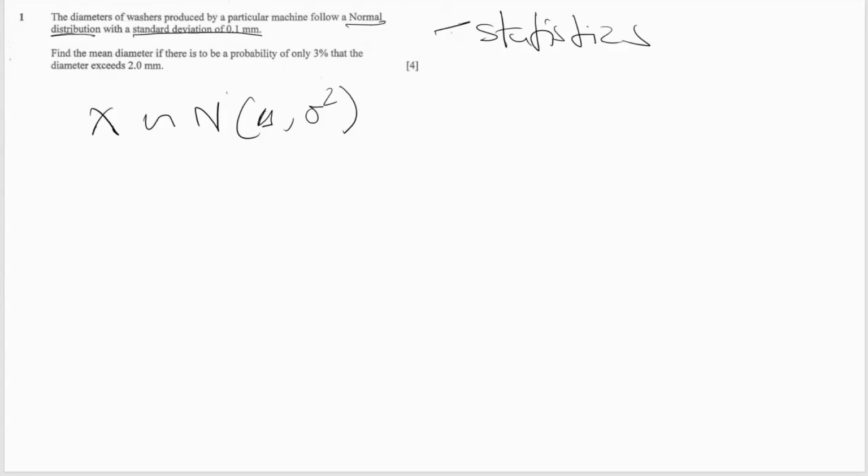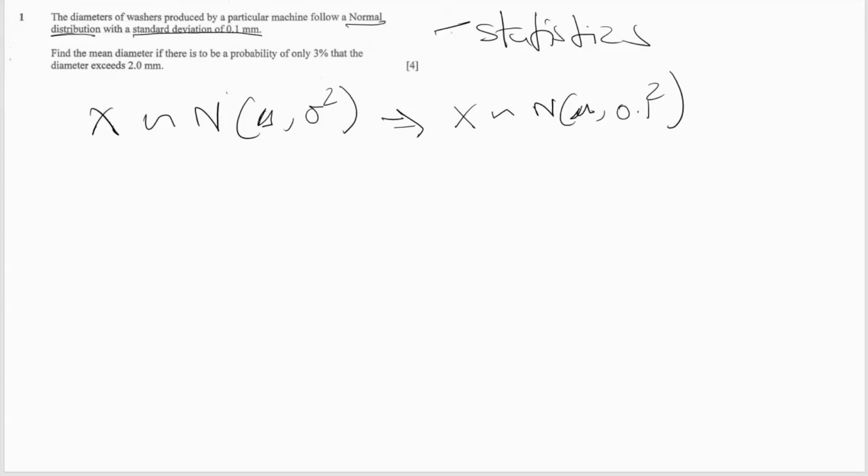Given the information we have, we know that x follows a normal distribution with the mean, mu, and the variance 0.1 squared, because the standard deviation is just the square root of the variance. And here we're also given a condition.